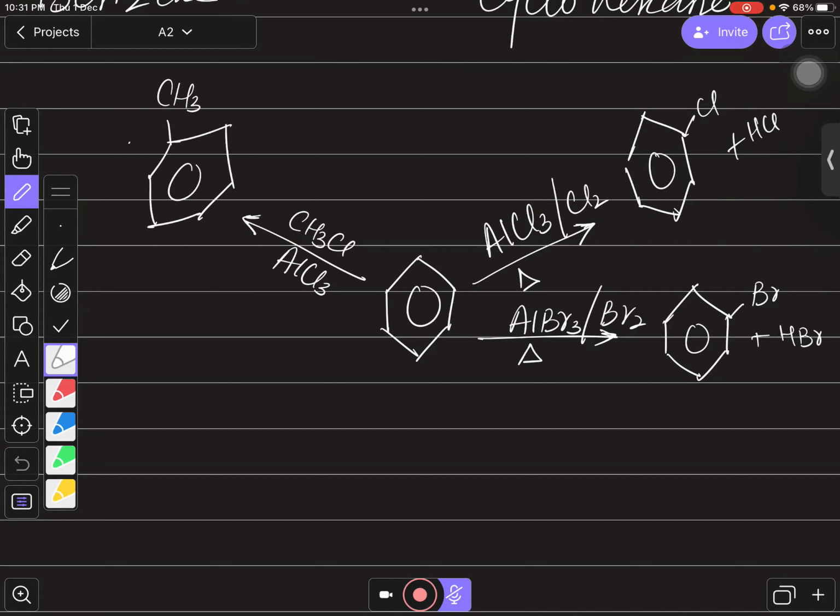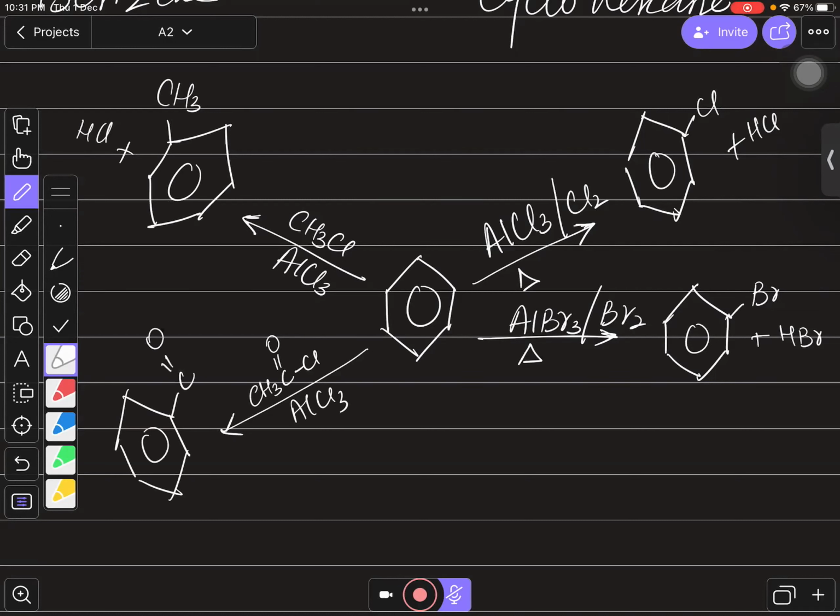Along with HCl to form. And if you want to substitute any acyl functional group over there, we must use that. For suppose right now, this is one of the acyl groups along with AlCl3. So you will find that a benzene ring will have acyl functional group along with HCl.